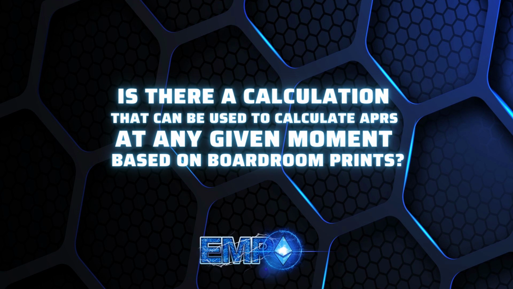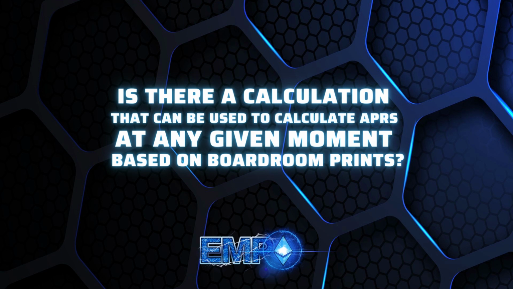Now you're getting closer to the APR percentage, because the APR percentage is basically the dollar value of EMP emitted in the print versus the dollar value of E-shares staked in the boardroom at that time. And that's also another variable.